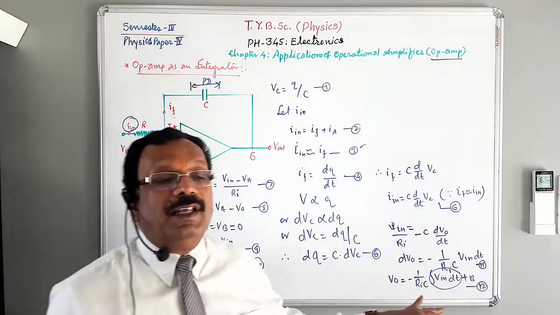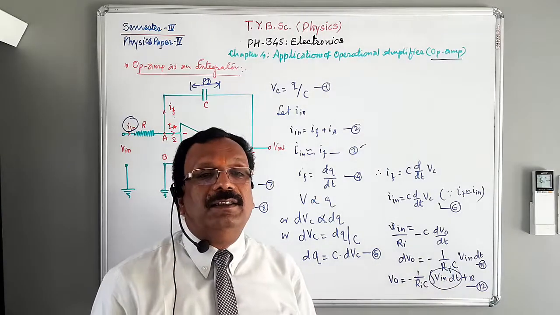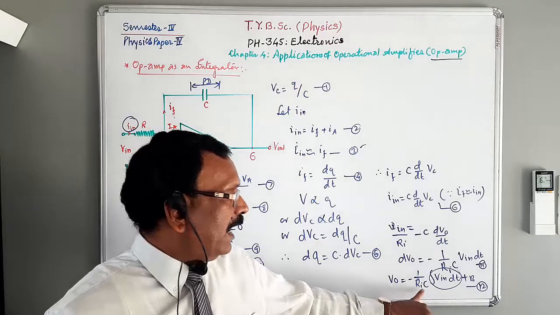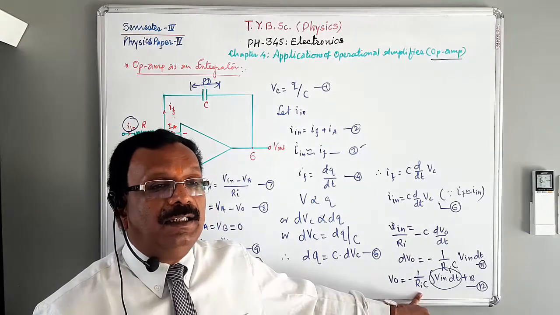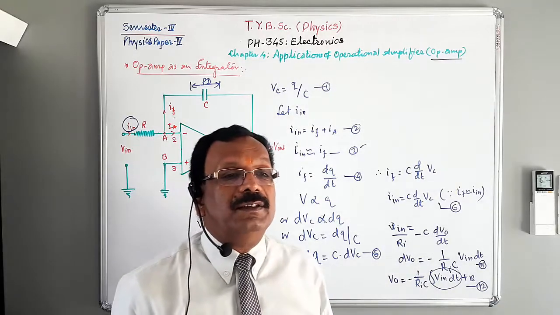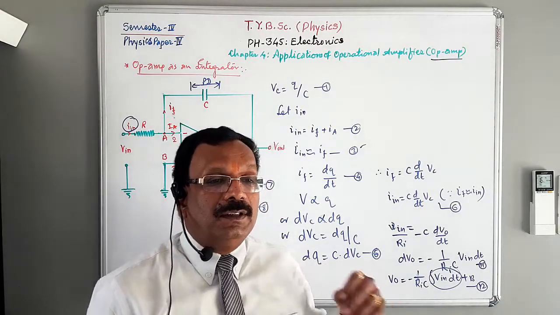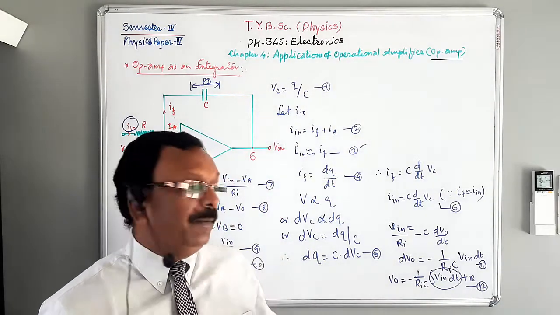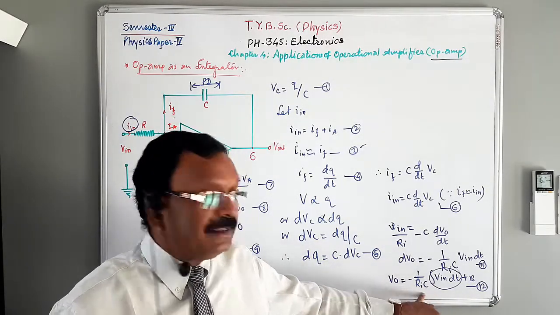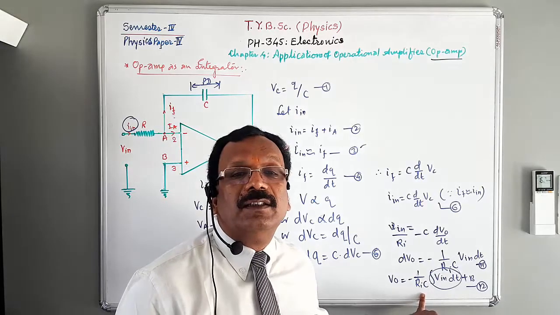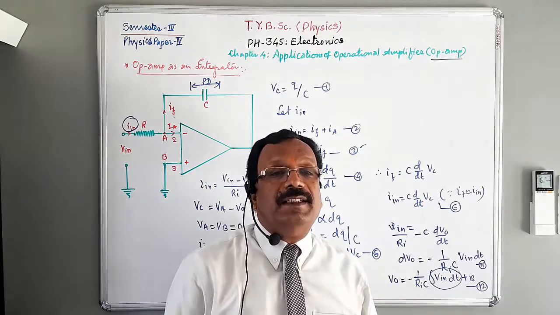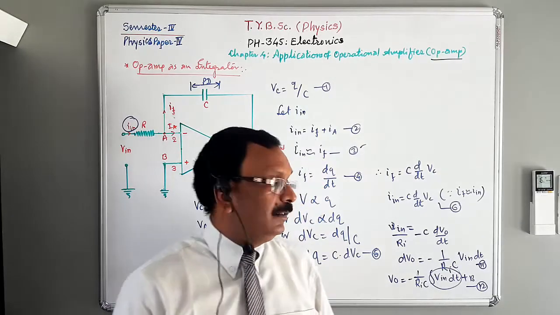The input impedance of the integrator circuit is equal to the resistance RI, and the output impedance is low because of negative feedback. Here RIC is called the characteristic time or RC time of an integrator.